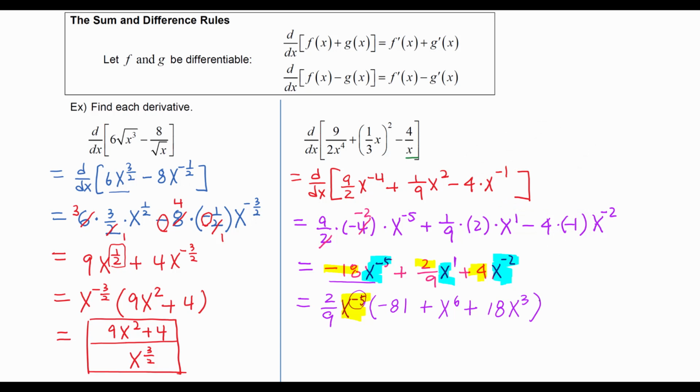All right. Well, what's inside of a parenthesis is a polynomial, but it's out of order. So let's write that in descending order. And when we write the final answer right now, let's also bring down negative exponent to the denominator.